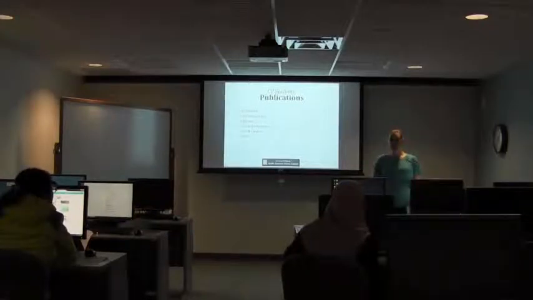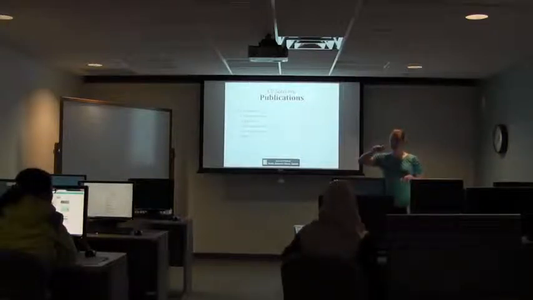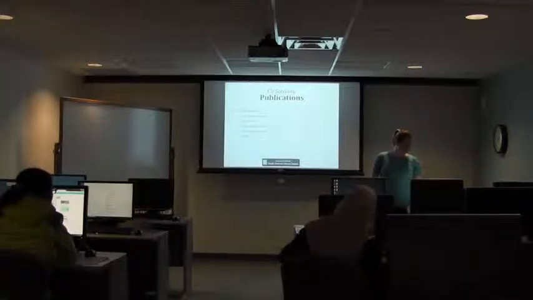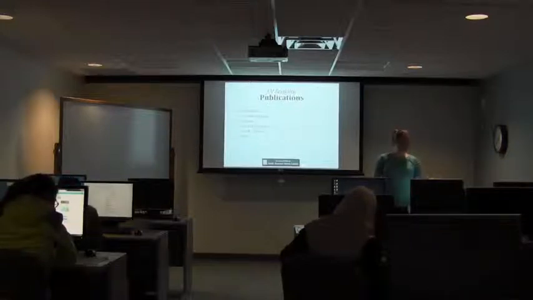So keep a running list. Remember, when you get a new publication, just put it right back on your CV. We're going to do reverse chronological order, so you're going to put the newest at number 1. So refereed articles would be like you wrote them or you were the PI on them.